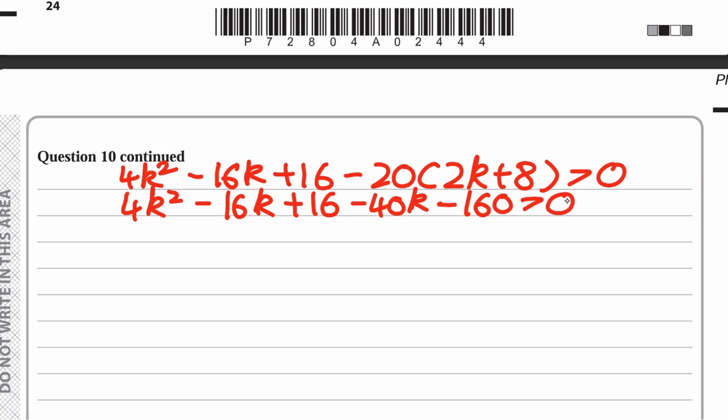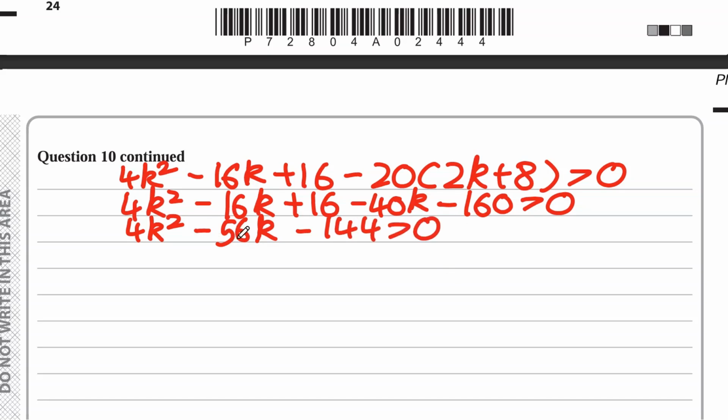Collect the like terms, so this is going to be 4k squared. We've got minus 16k minus 40k, so this is going to be minus 56k, and then plus 16 minus 160 is going to be minus 144, and this is bigger than 0.